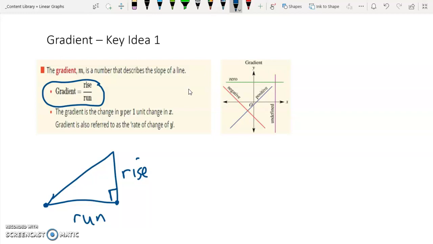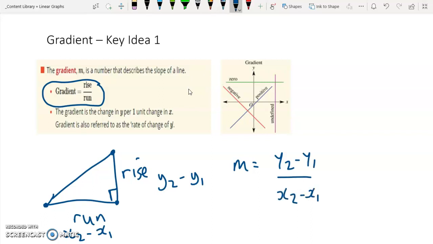That's our x values. This one here is y2 minus y1. So we can have our rise over run as m equals y2 minus y1 over x2 minus x1.